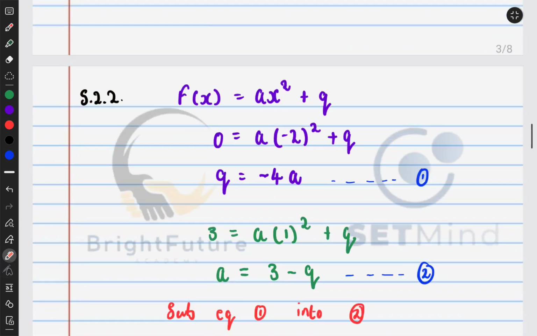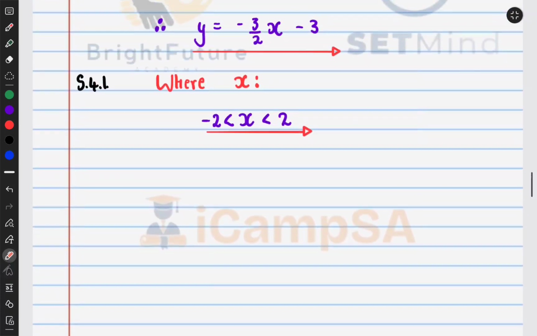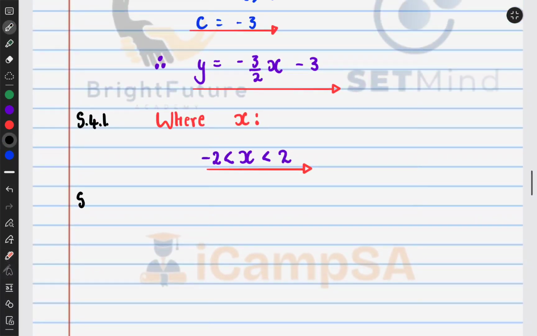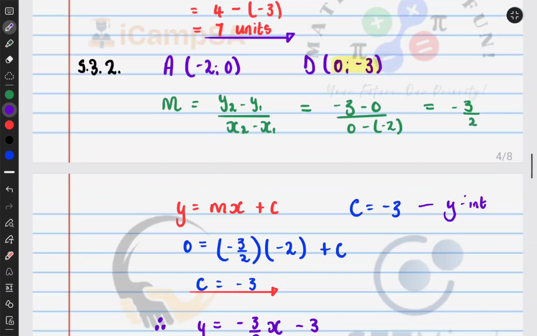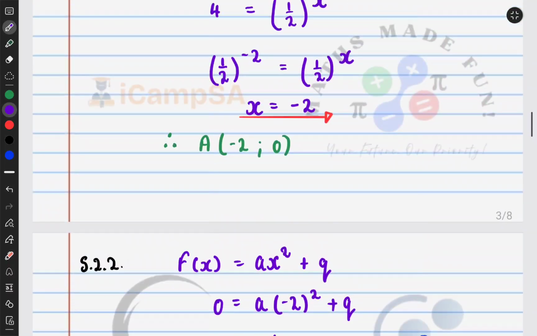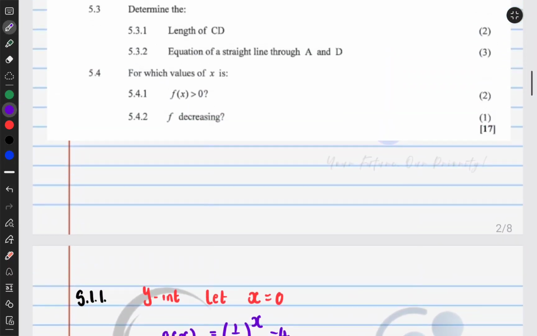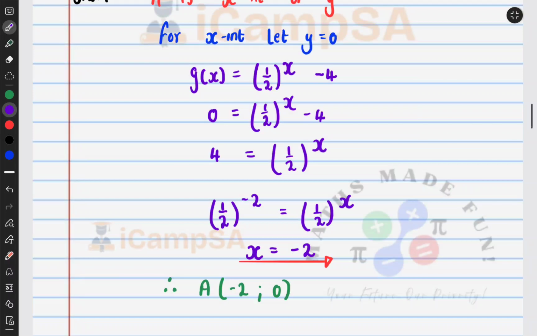So for 5.4.2, where x is greater than 0, that is where our function would be decreasing. And that is how you'll go about answering 5.4.2.